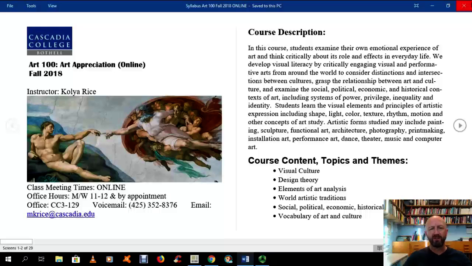There are very few courses out there that teach you how this visual information might be interpreted, how frankly it is being used to manipulate you or to communicate to you. And so again, while the content of this course is art and its rich history, the types of analytic tools that you'll learn in this class are absolutely applicable to everything that you come in contact with that you might not call art.